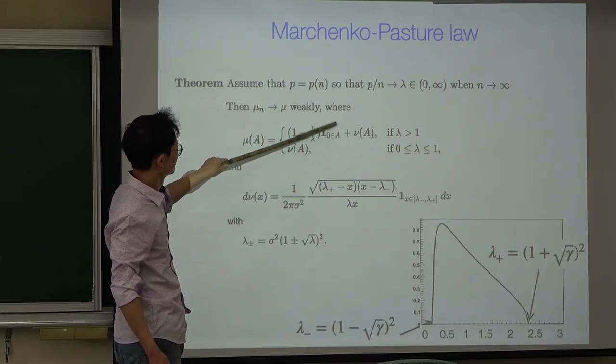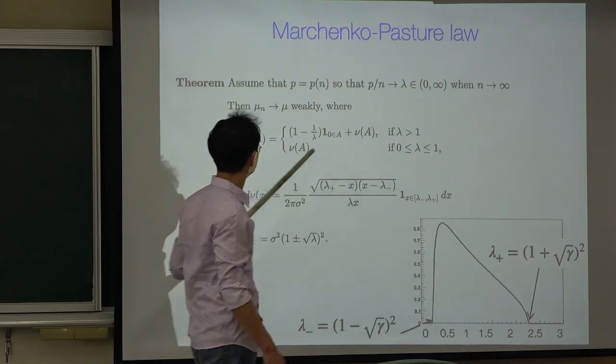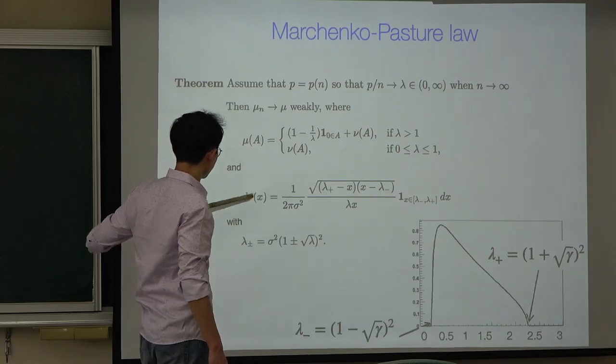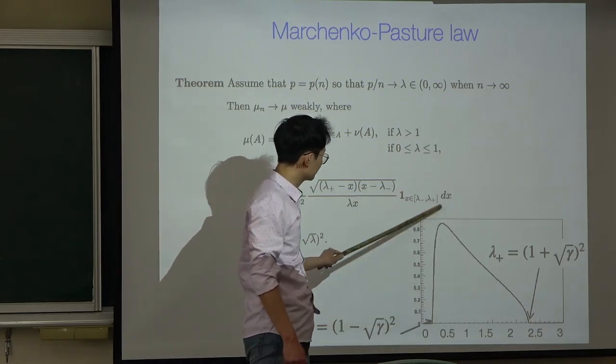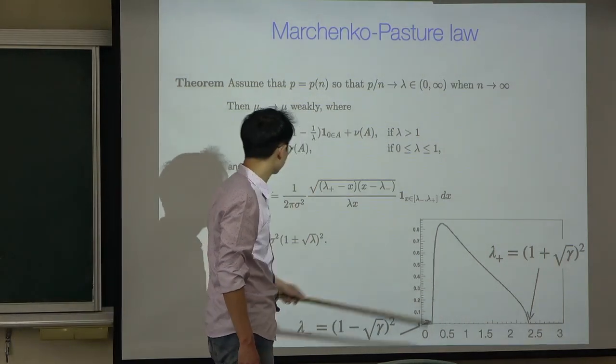So you generate a delta measure at 0, and all the others are in the continuous part, which has the density function like this, with a picture like this. This is the Marcenko-Pastur law.